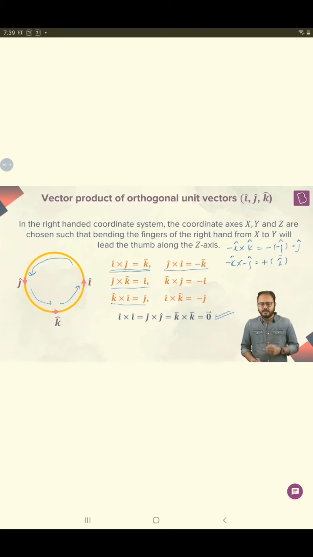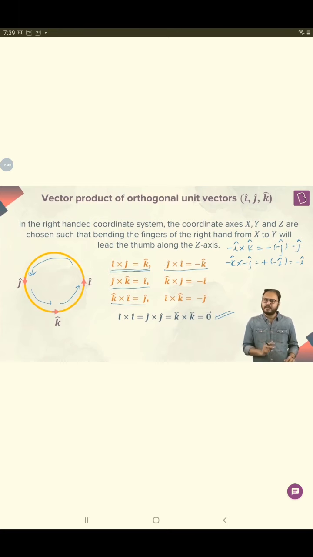Tip number 3: check the order. i, j and then k. So j cross k is a cyclic order. k cross j is opposite, a minus sign. And minus k cross minus j would be minus i. Is this clear? Have I made the cyclic order clear?